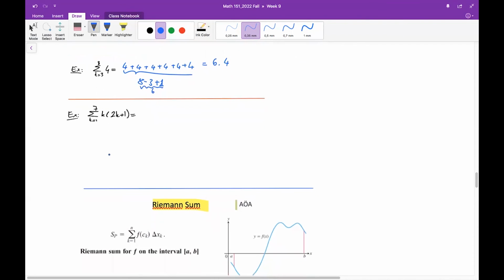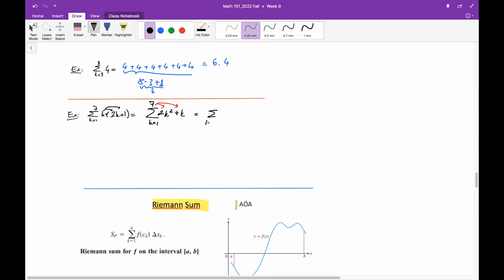Okay, let's look at this one. For such finite sigma sums, you first need to do the computation inside it. So what do we have? 2k squared plus k, where k runs from 1 to 7. Now, what we learned in the properties: you can distribute sigma notation over sums. It respects sums.